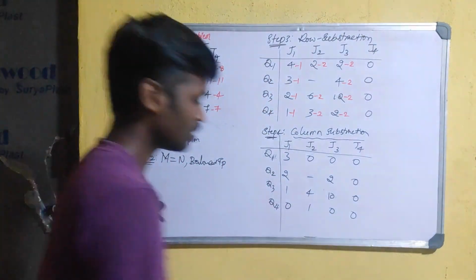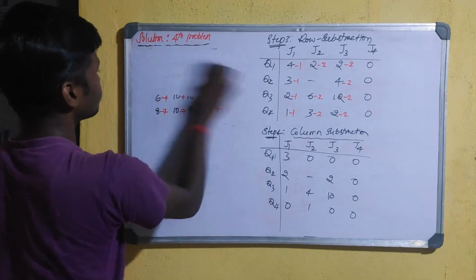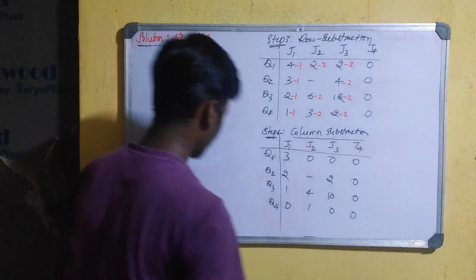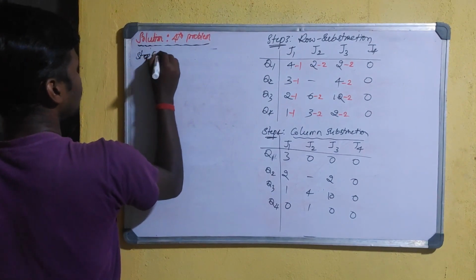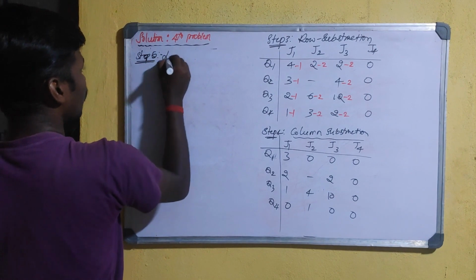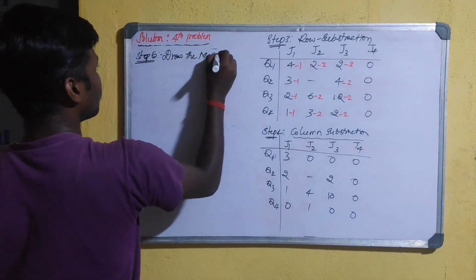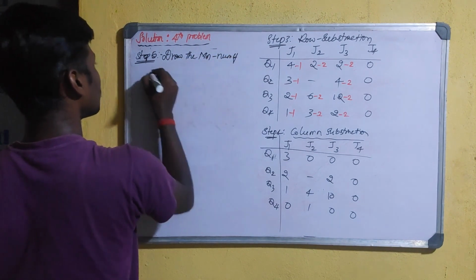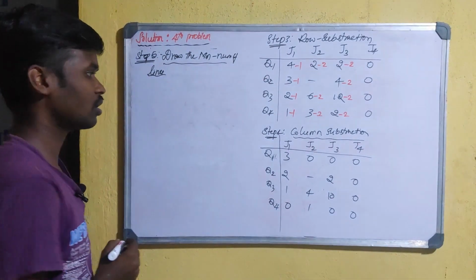Okay. Next, what is the fifth step? So fifth step, step number 5: we have to draw the minimum number of lines to cover all the zeros, right?